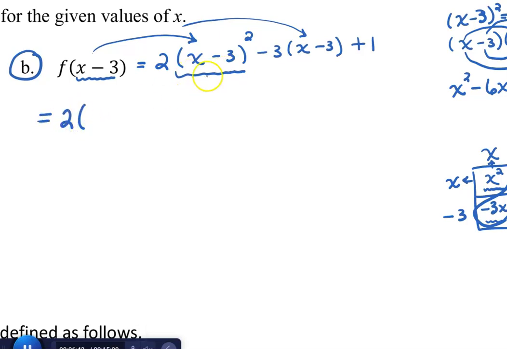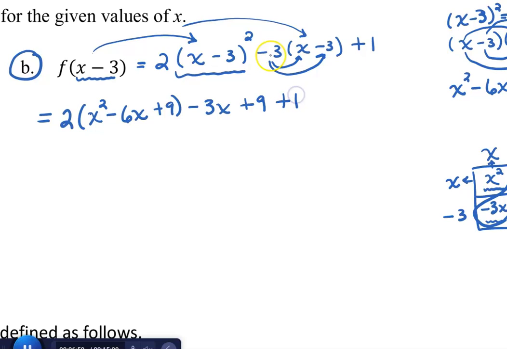So we FOILed this, and we got x squared minus 6x plus 9. Then we're going to distribute that negative 3 to both of these, which will give us negative 3x plus 9 plus 1, because negative 3 times x is negative 3x. Negative 3 times negative 3 is positive 9.